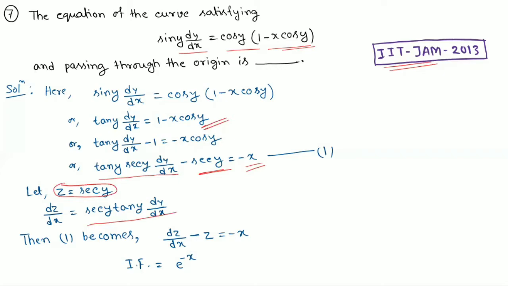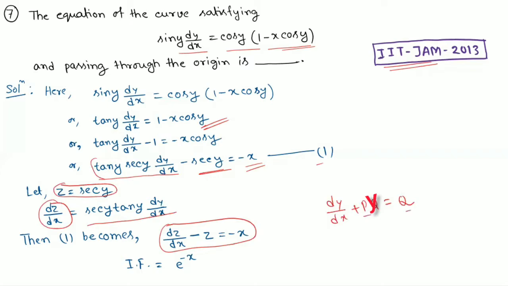Now we replace the value tan y sec y dy dx with dz dx. So the equation number 1 becomes dz dx minus z equals to minus x, and this is of the form dy dx plus py equals to q, where p and q are functions of x or constant.